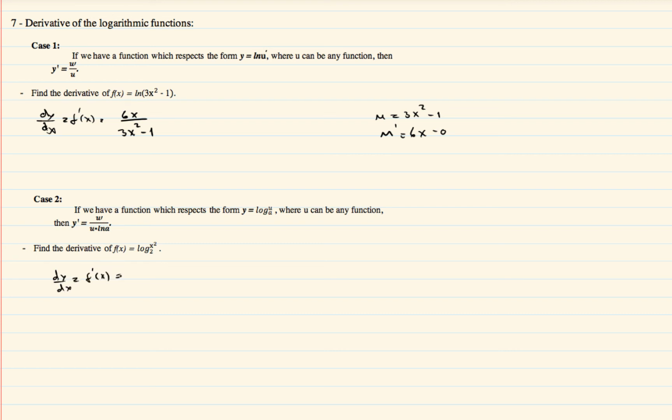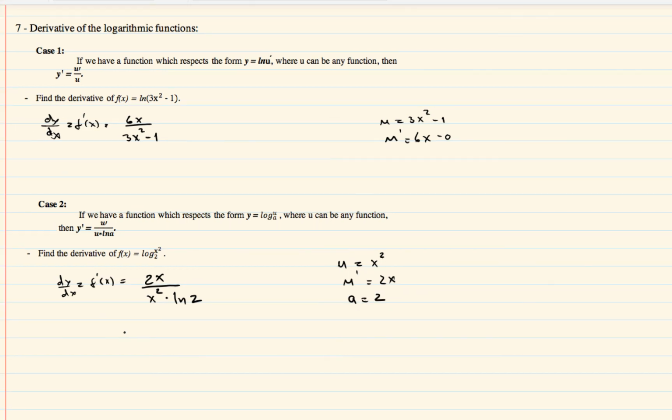So to find this, as always, f dash of x is going to be equal to what? Well, where is our u? Our u in this case is x squared, so our u dash is equal to 2x. So what we have now is 2x divided by the original u, which was x squared, multiplied by the natural log of 2, which is this constant on the base, that is our a.